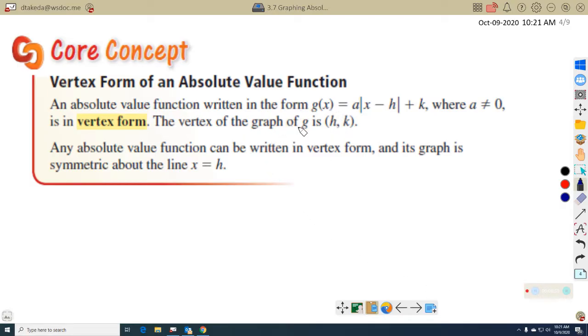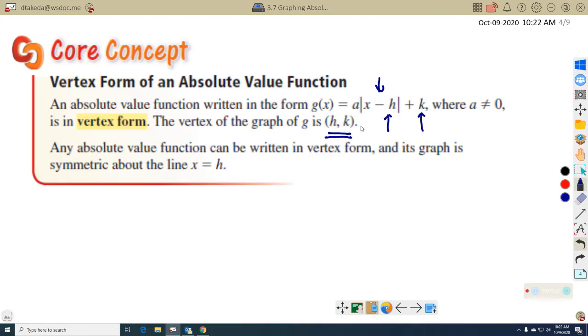This form of an absolute value function, where we can see a horizontal translation and a vertical translation, tells us that the vertex of that absolute value graph, remember it has that V shape, the corner of it, is going to be at the point (h, k). Remember, this is a minus, so it looks like the opposite of this.